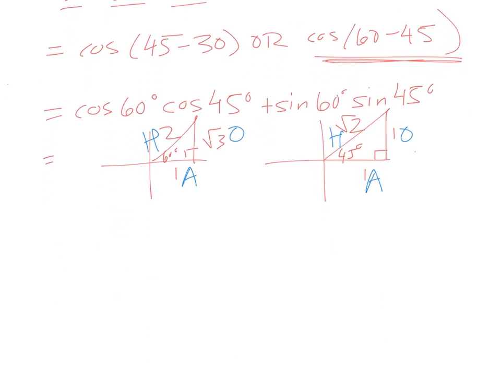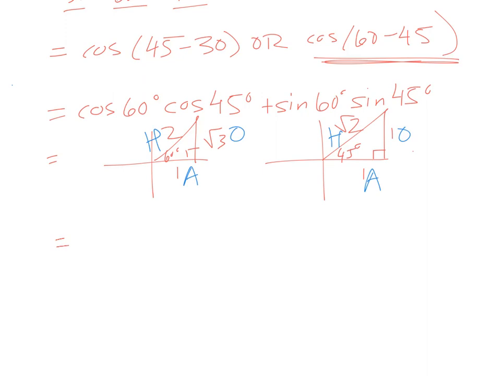Okay, so let's just come up with our ratios now. Cosine of 60 using the left triangle, I have adjacent over hypotenuse. Cosine of 45 using the triangle at the right, I have adjacent over hypotenuse. And using the triangle to the left, sine of 60, I have square root of 3 over 2.